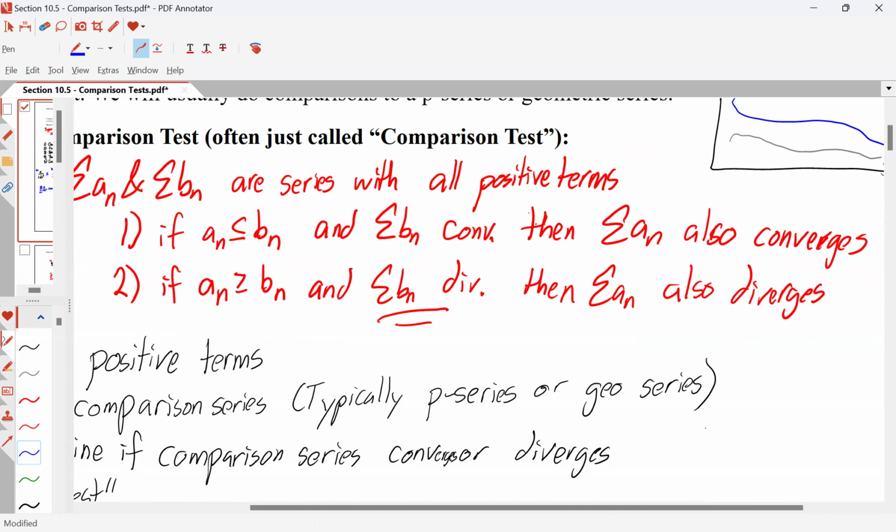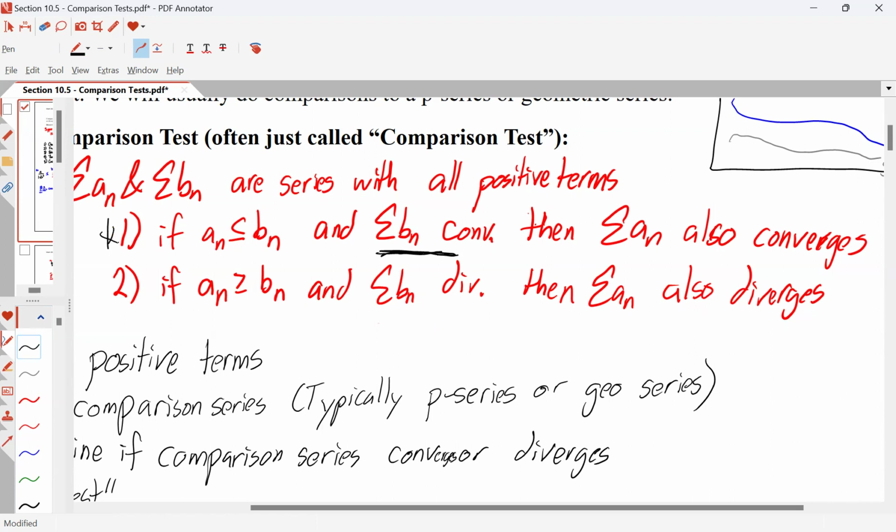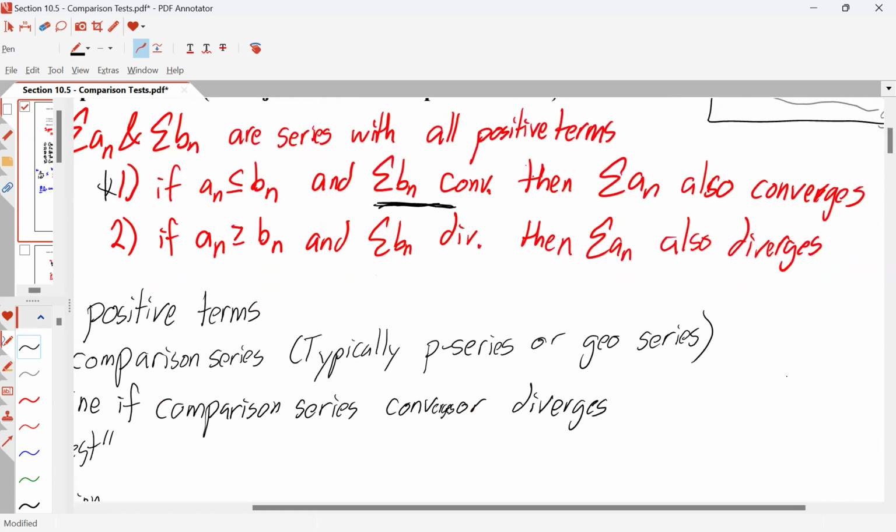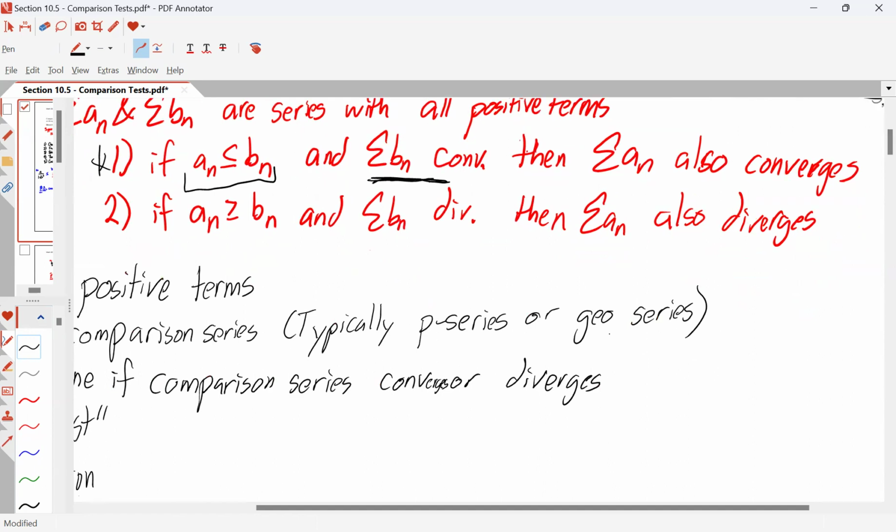And if an is bigger than bn and bn diverges, then so does the series of an. We have a case where what we're comparing to converges. So we really want to use this first line. And the first line says we need the sequence an to be smaller than the sequence bn.